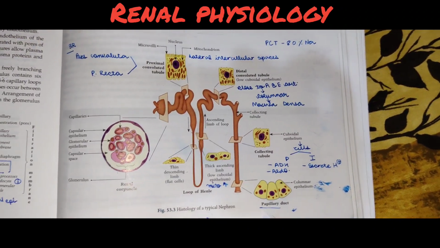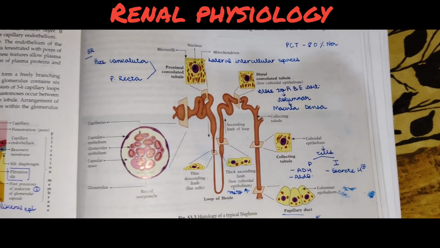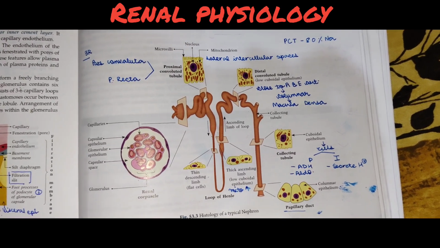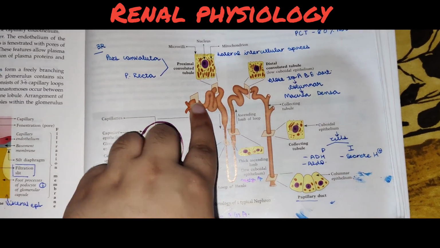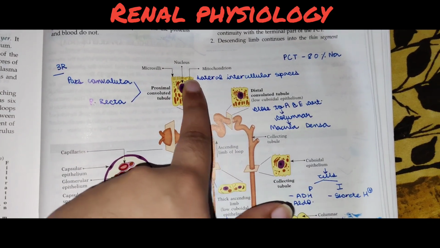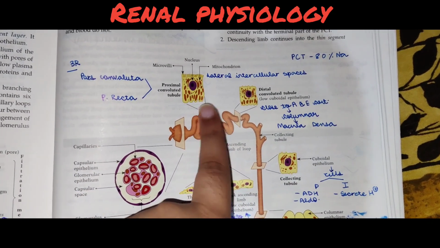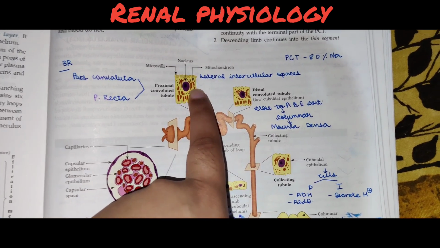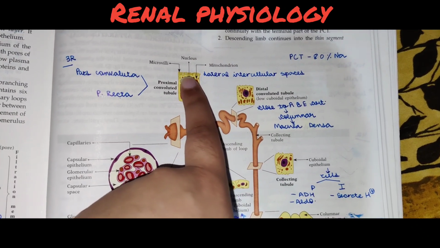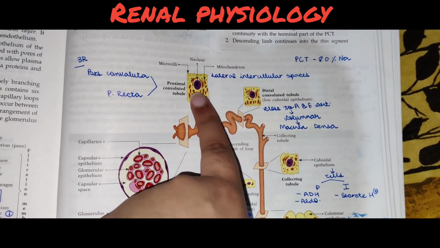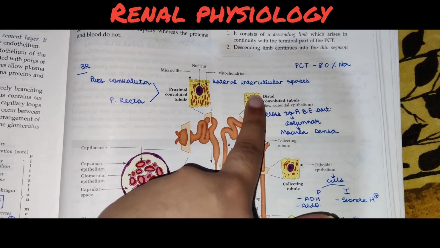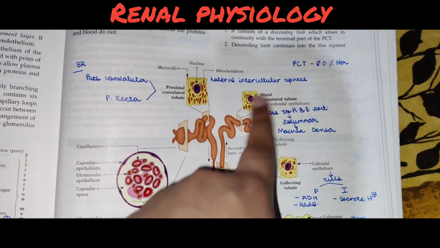Okay, so next topic is the cells of the different parts of the nephron. First of all, let's see the PCT. This PCT has brush bordered epithelium, and inside it has a nucleus and various mitochondria, and on the surface there are various microvilli, and between each cell there are lateral intercellular spaces.